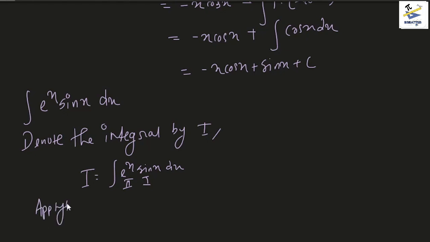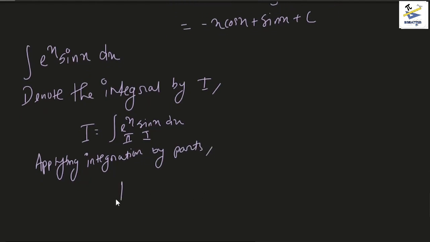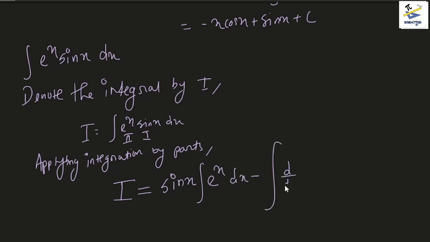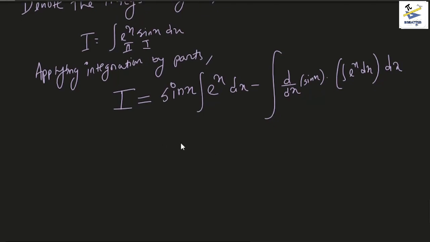So applying IBP, or integration by parts, what we have is: I equals sin x into integral of e to the power x dx minus d dx of sin x into integral of e to the power x dx, dx, right?